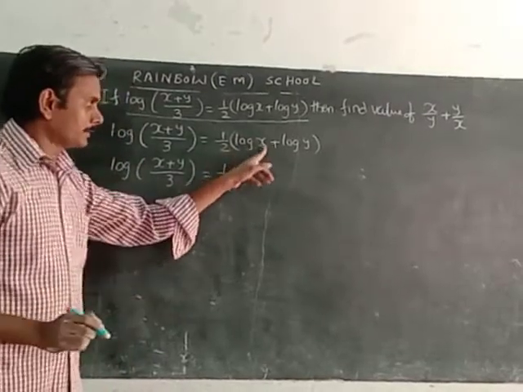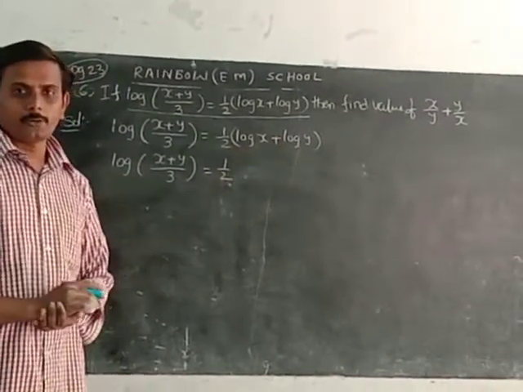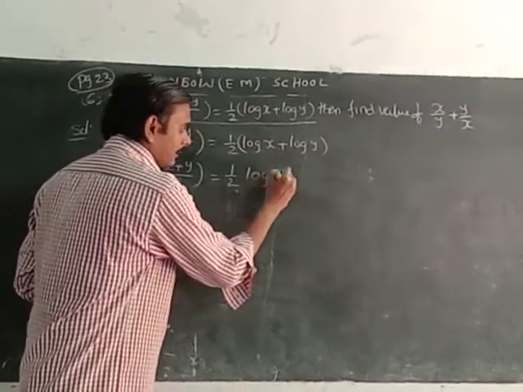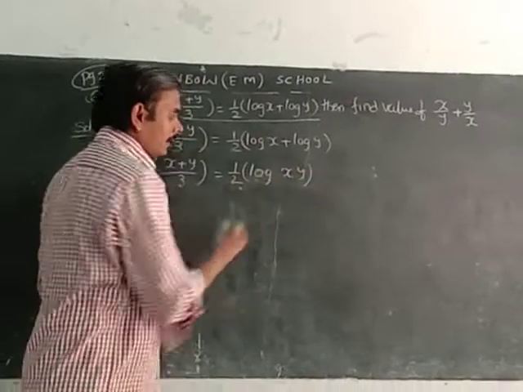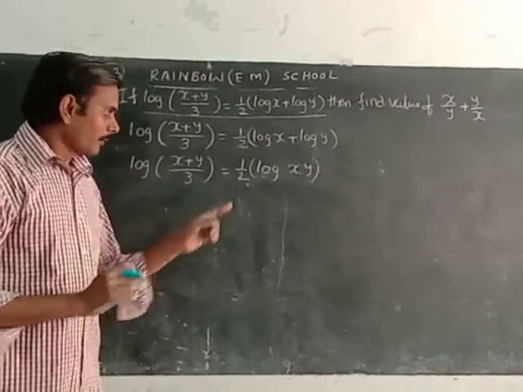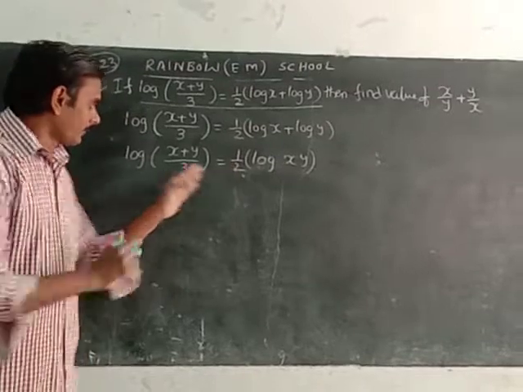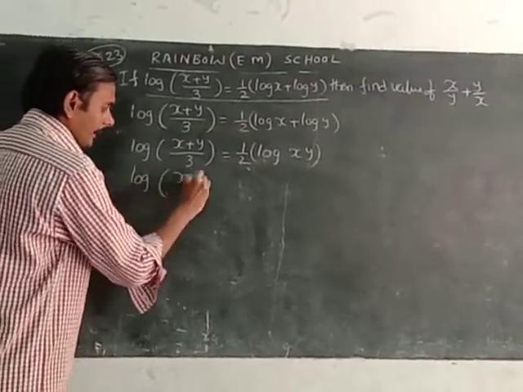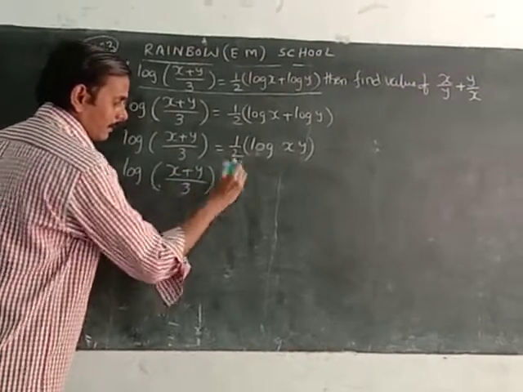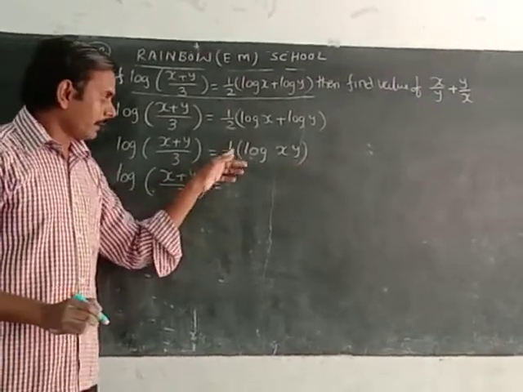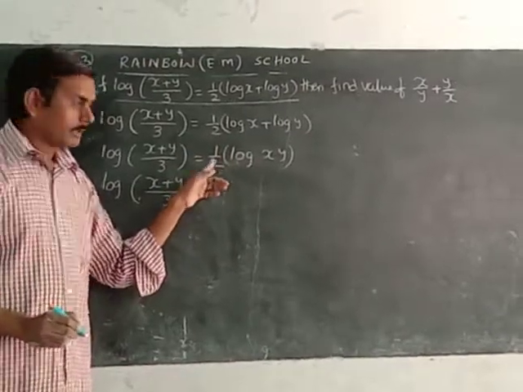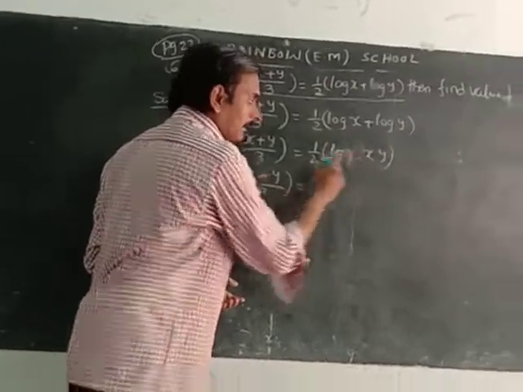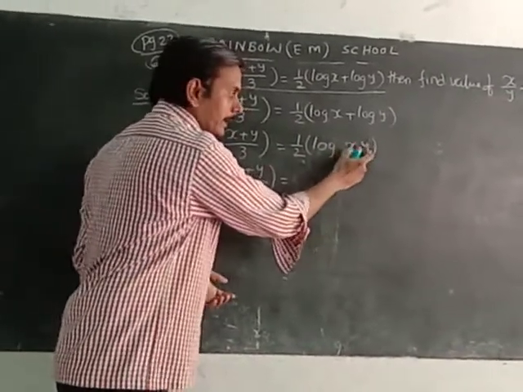Now apply the formula for log x plus log y. Already we know log x plus log y equals log xy. Next step, same, copy here: log of (x plus y) by 3 equals 1 by 2 log xy. It is in the form of m log x, with 1 by 2 as m and xy as the x part.